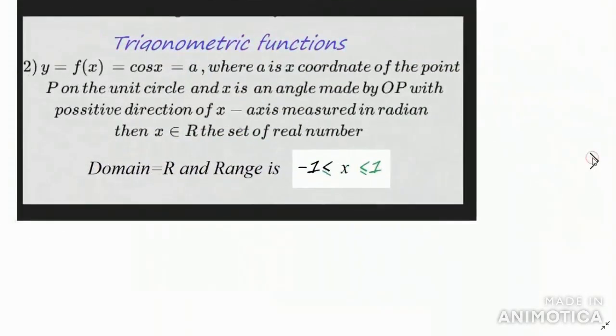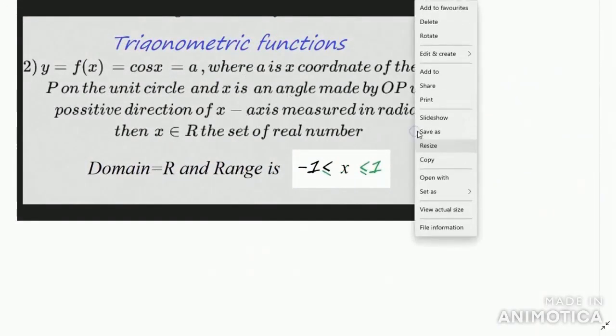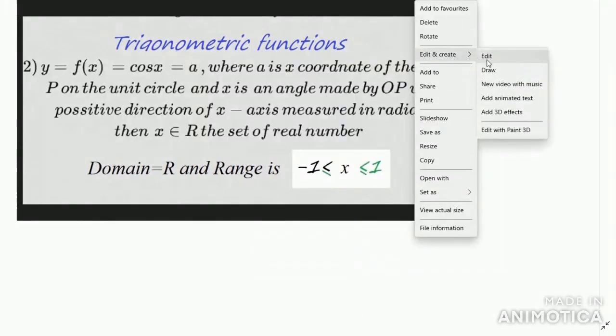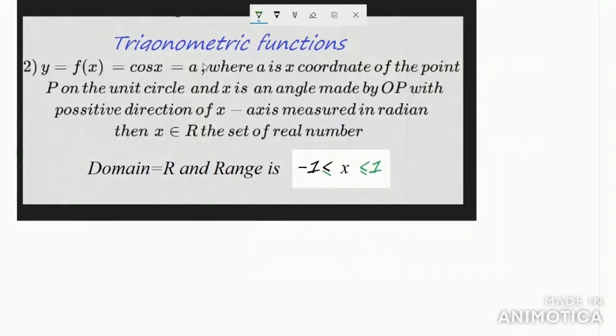Similarly, if you take the cos function, cos x is defined as cos x equal to a, where a is the x coordinate of the point on the unit circle. And here also cos x is defined for all real numbers.